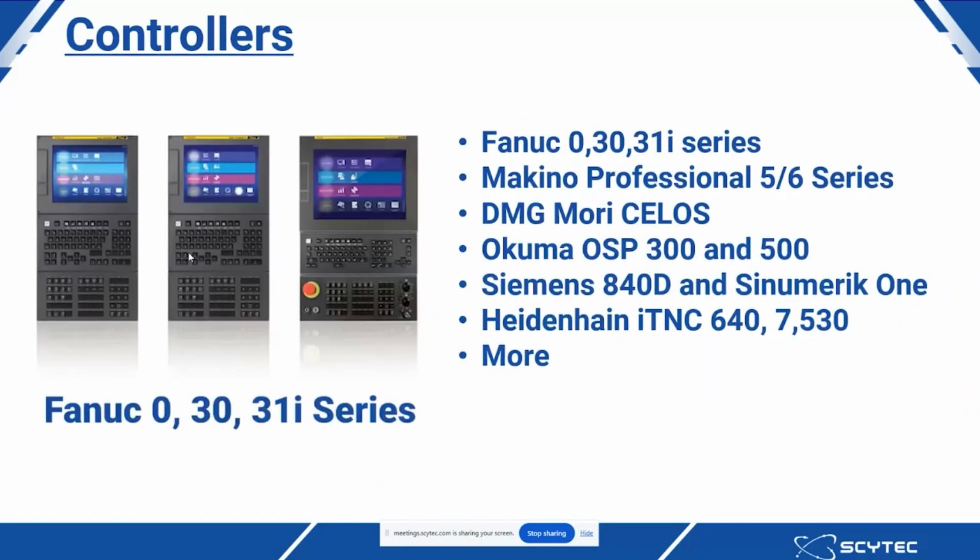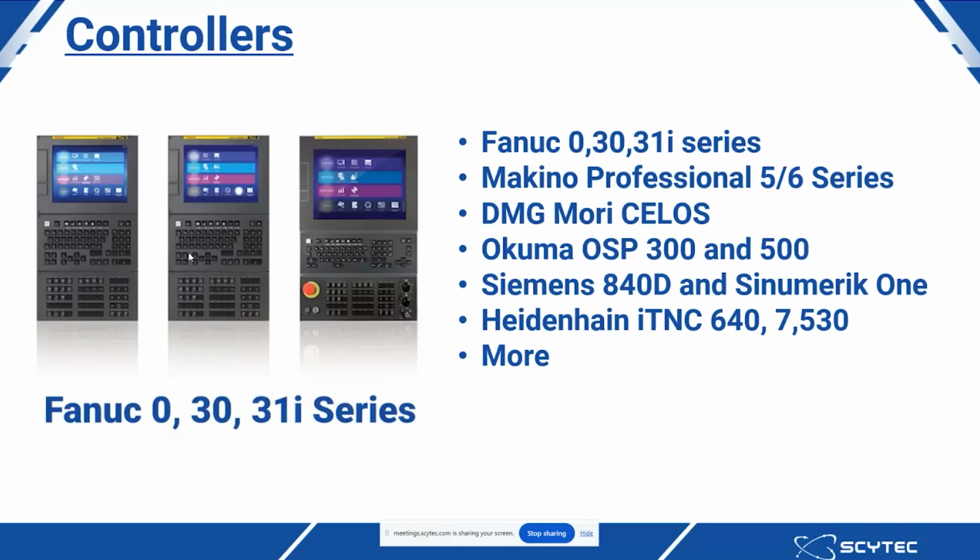So some of the controllers that are supported with this direct protocol access include the FANUC 0, 30, and 31i series, the Makino Professional 5 and 6 series, DMG Mori Celos, Okuma OSP 300 and 500, the Siemens 840D and Sinumerik 1, the Heidenhain iTNC 530 and 647 series.